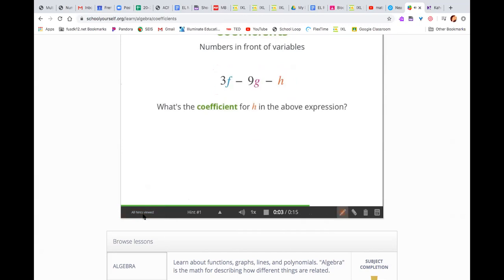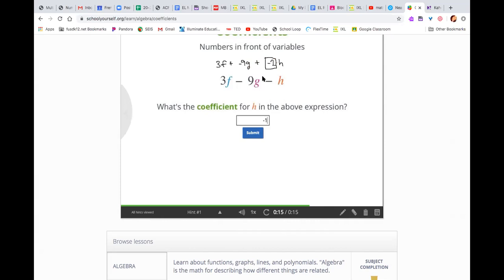If we try to rewrite this using addition, we would have 3f plus negative 9g plus negative 1 times h. So the coefficient of h here is negative 1. Jolene said 1, and then our hint says negative 1. So that was very close.